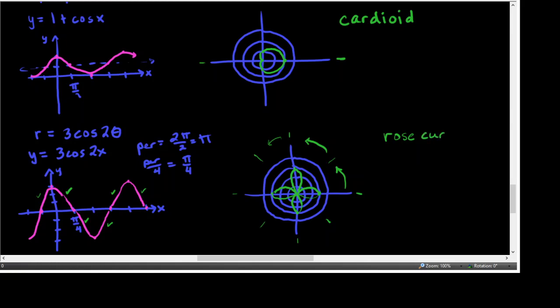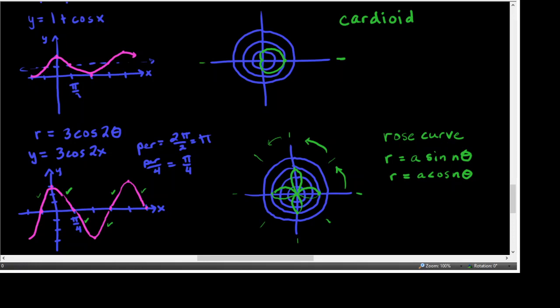Now, one thing about rose curves that I'd like to mention is that if you have r equals a sine of n theta, or r equals a cosine of n theta, it's going to be a rose curve.